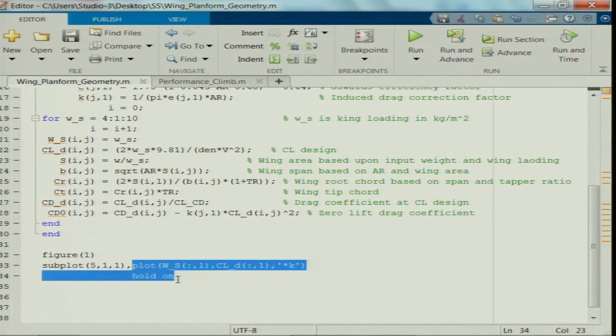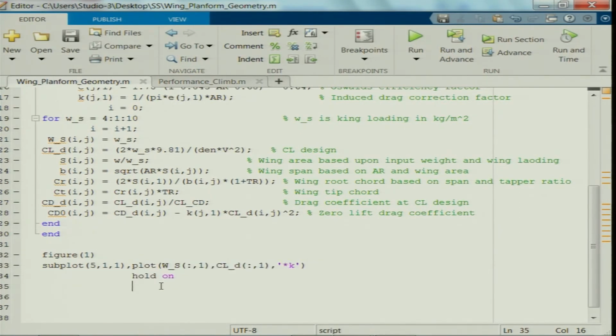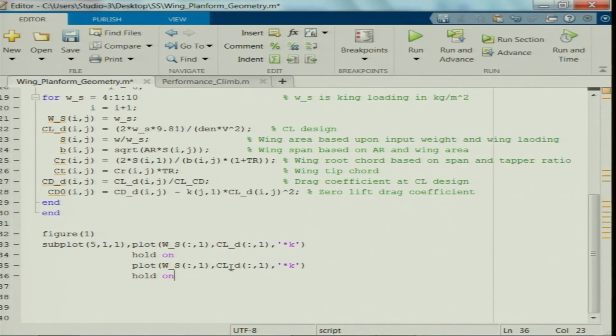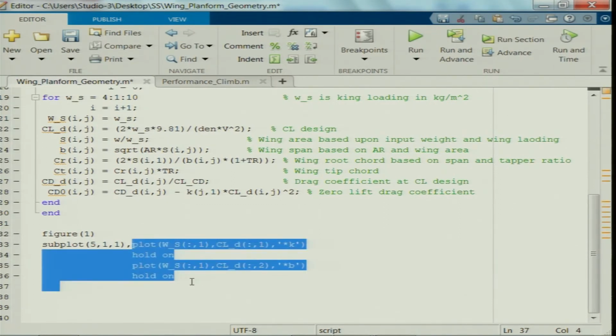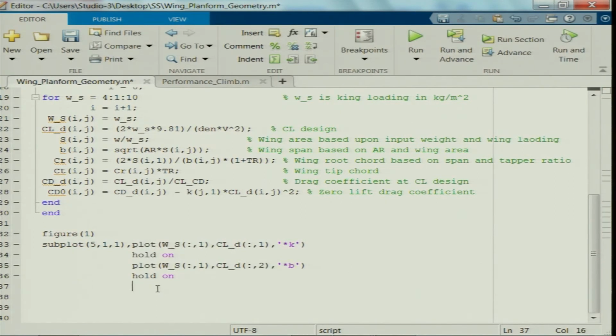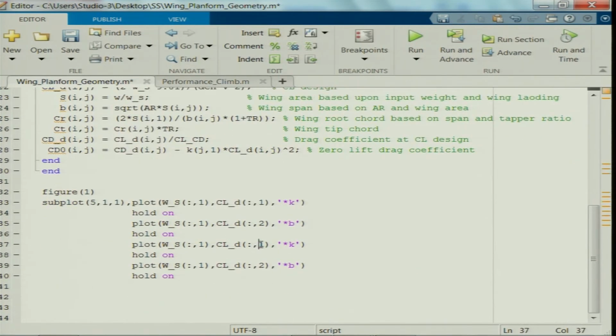Okay, so we have this. Control C, Control V. So this we are varying it to, let us say, plus. Oh, we can still have a color code, right? So 3 and 4. So this is with red, this is with green.